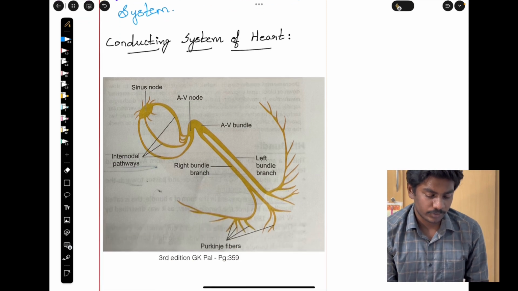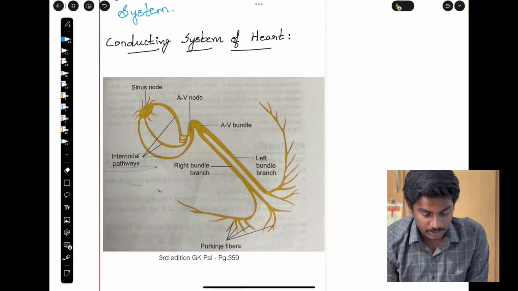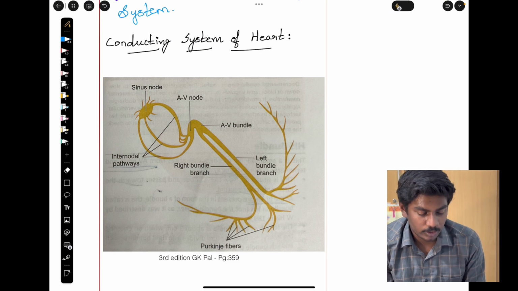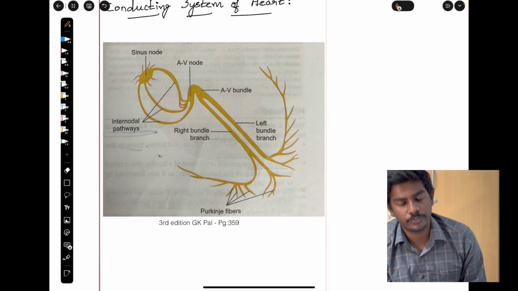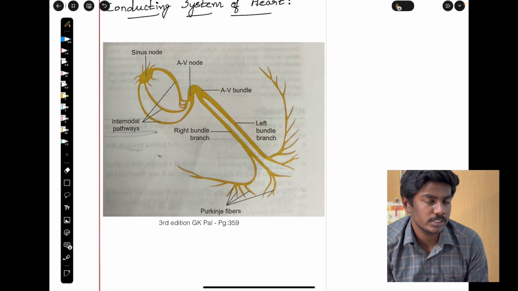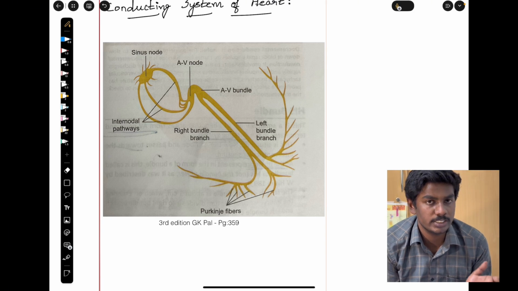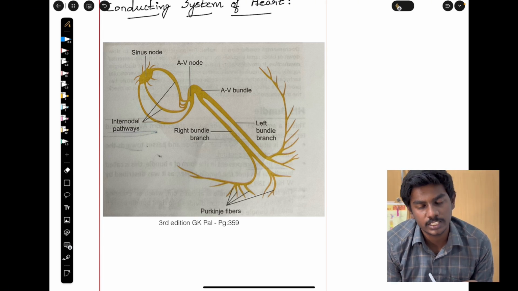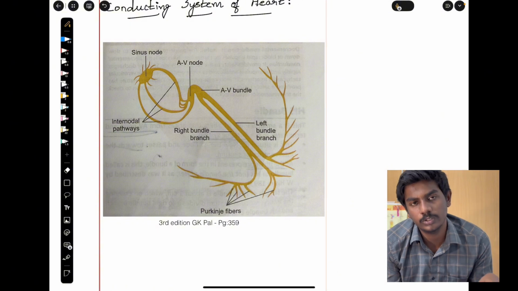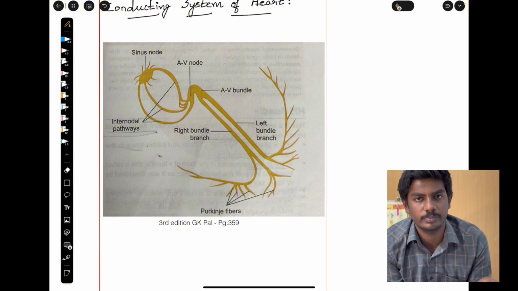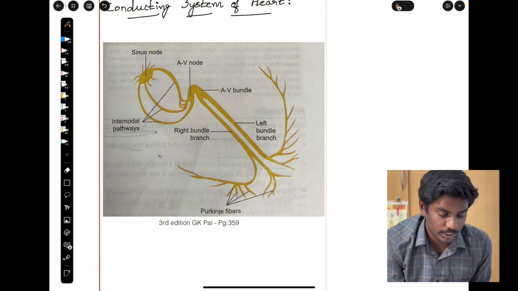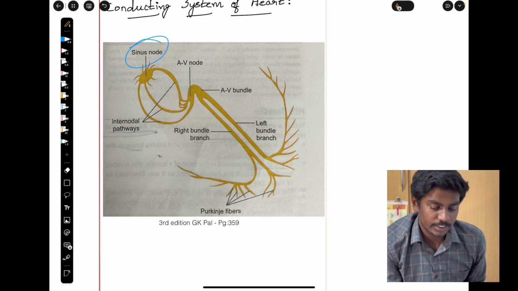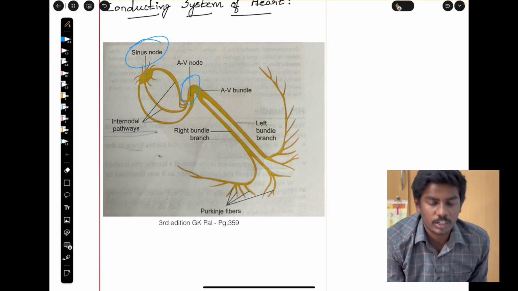The conducting system of the heart includes the sinoatrial node. If the heart receives an impulse, the impulse reaches the sinoatrial node, and through the sinoatrial node, it spreads to all the other heart tissue. First the impulse reaches the sinoatrial node and then the AV node. How does it reach the AV node?